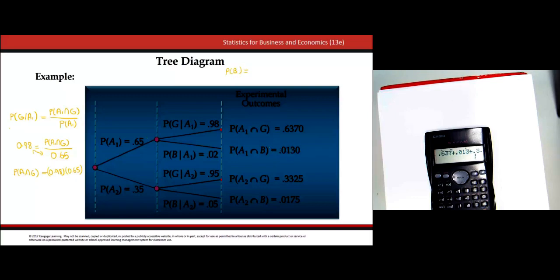Now, how do we calculate the probability of an event? If we know the sample points in that event, we can add up the probabilities of the sample points.